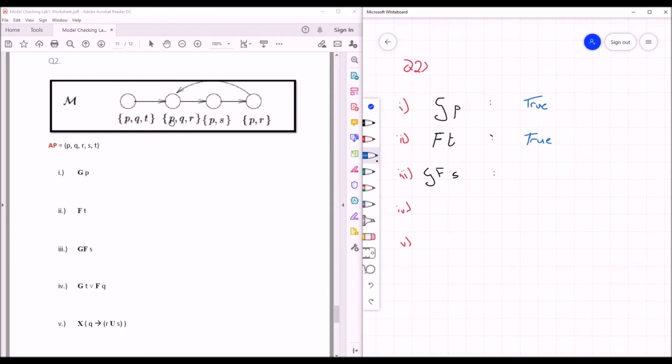PQT? No. PQR? No. PS. So S is true in state 3. So is eventually S true? Yes, it's true. Now is it always true? Well, you can see you have to transition through S. So yes, it is true that always, eventually, S. There is no other path. You have to traverse this path.